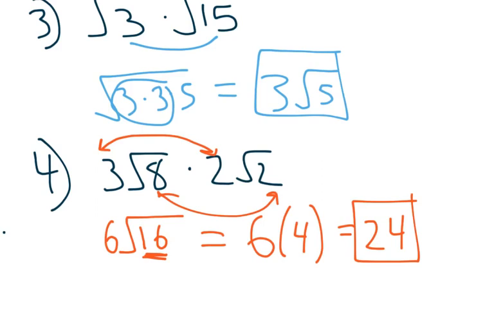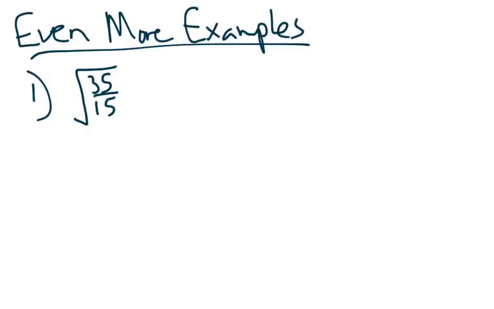So now let's talk about a fraction. Now we're looking at the square root of 35 over 15. First, I'm going to address what's going on in the fraction. I can simplify some things to make my life easier. 35 over 15 becomes the square root of 7 over 3. Take out that common factor of 5.